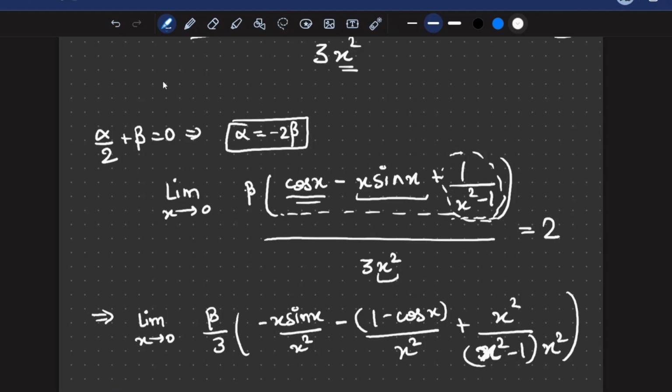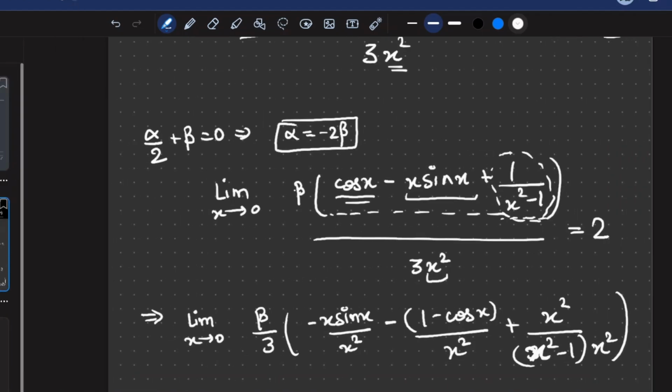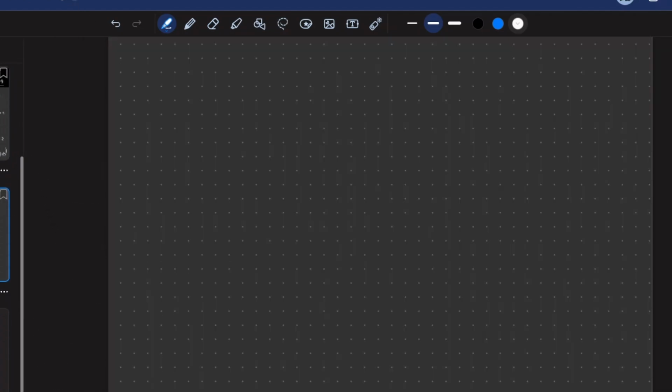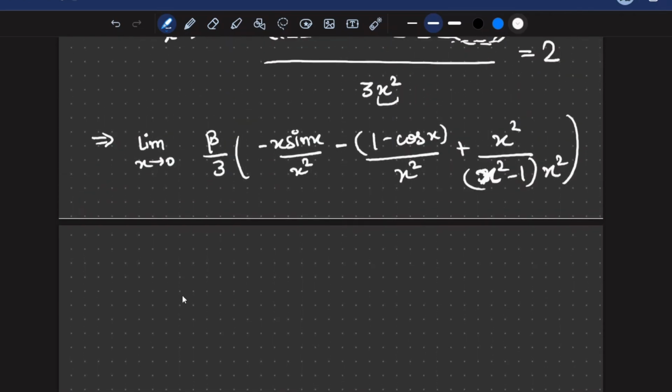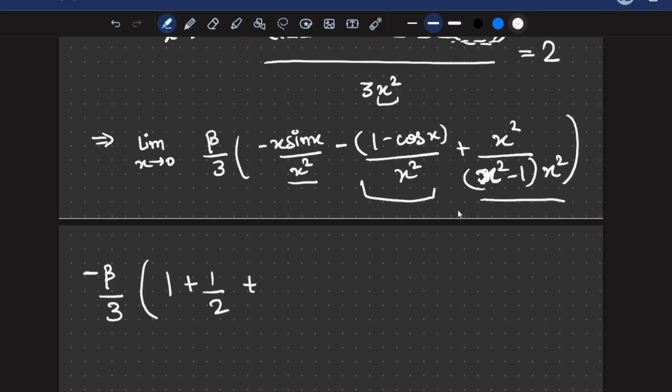Okay, let me add another page. Okay, so now time to simplify the expression. Beta by 3. Let us take the minus sign outside. We'll get this term will tend to 1, right? Plus, because we have taken out the minus sign, this term will tend to half, as I told you before, and this term again will tend to 1, right?